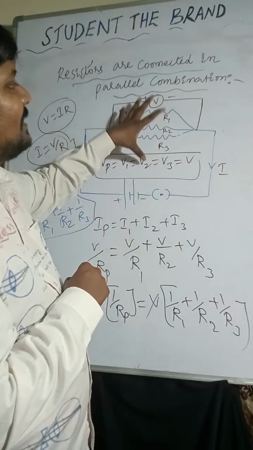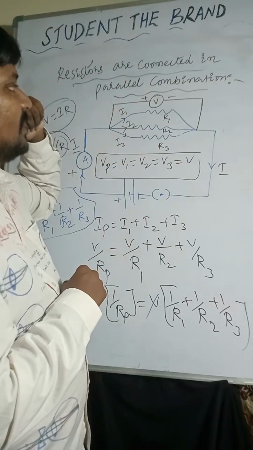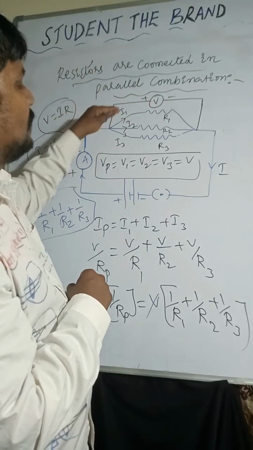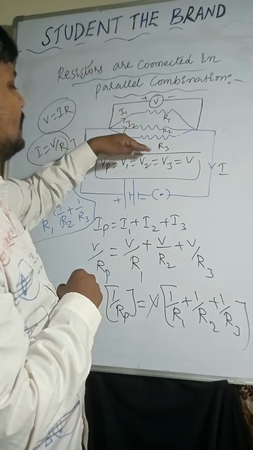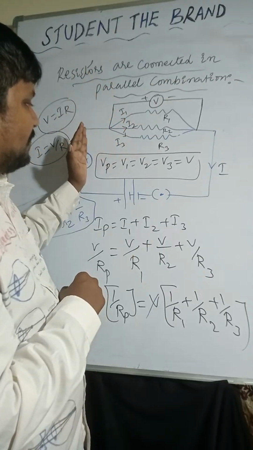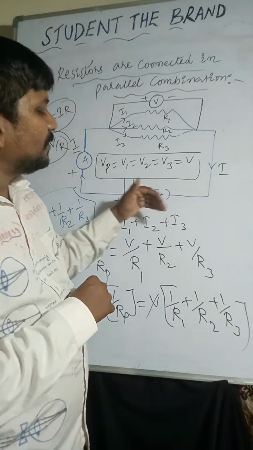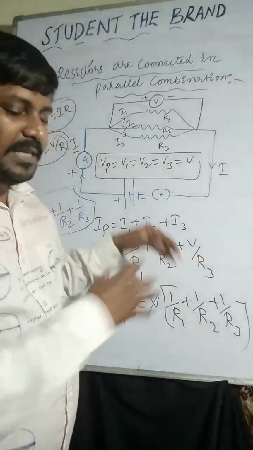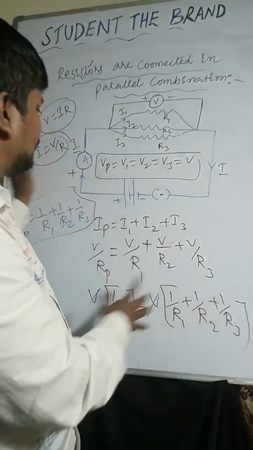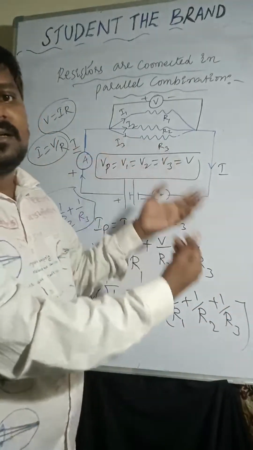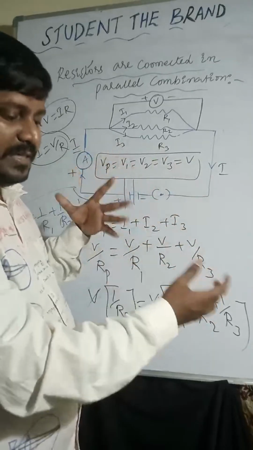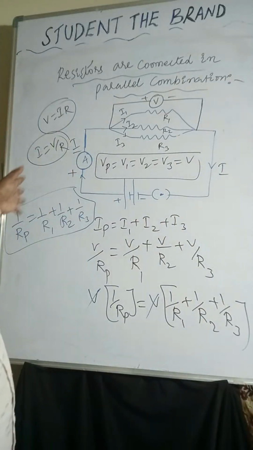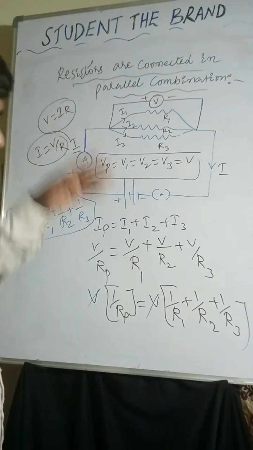But current is dividing at the junction: through R1, I1, through R2, I2, through R3, I3, the current is different while the potential difference is the same. So Ip equal to I1 plus I2 plus I3. So V by Rp equal to V by R1 plus V by R2 plus V by R3. Taking V common, V gets cancelled on both sides. Then the final formula is 1 by Rp equal to 1 by R1 plus 1 by R2 plus 1 by R3.